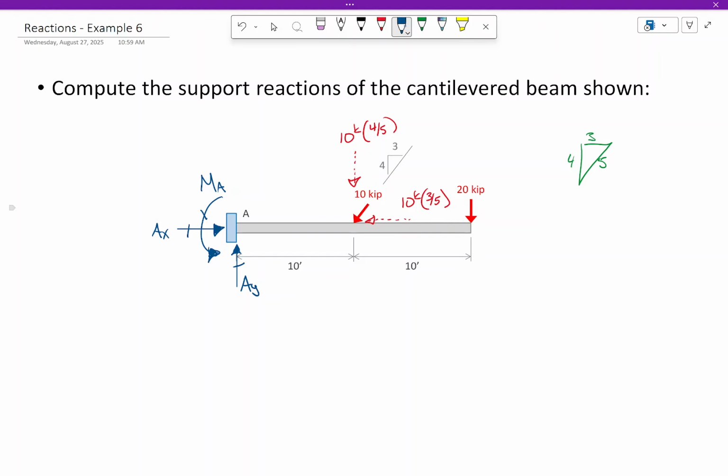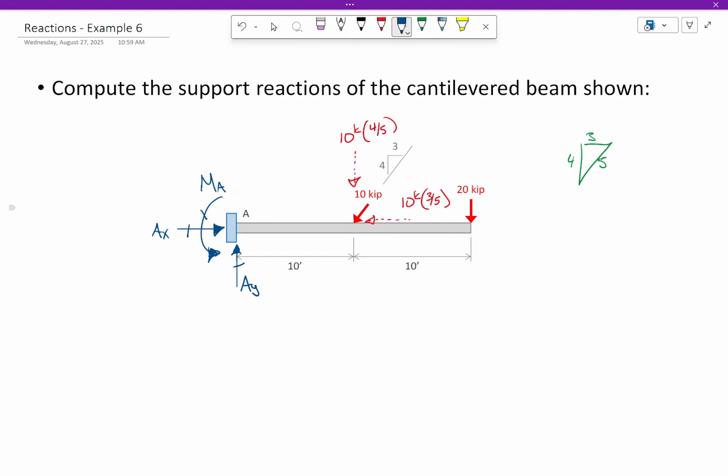Here's the other nice part about it. You said sum moments, right? Let me ask a question: why don't we do this first? Because it wouldn't give us a solution to either of the unknowns.